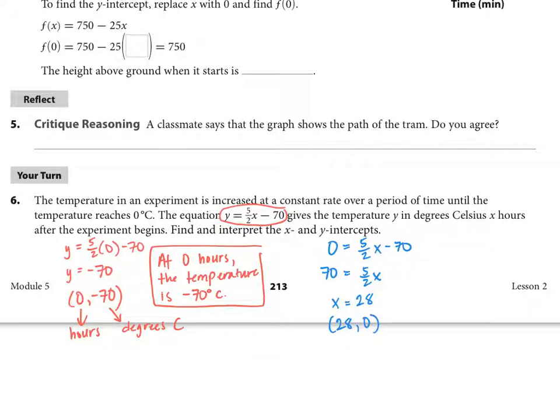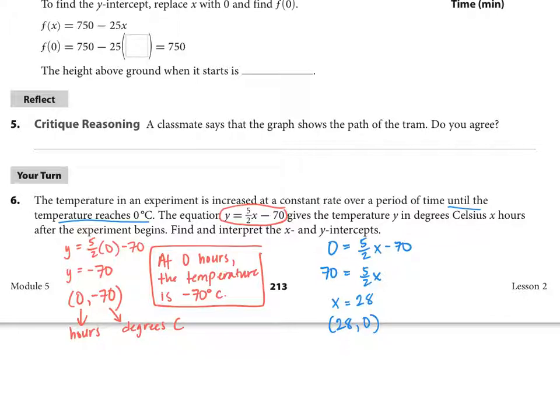Remember that 28 means hours, and the 0 is the degrees Celsius. And if you read the first sentence again, it says at the end, until the temperature reaches 0 degrees Celsius. So this experiment continues until it reaches 0 degrees Celsius for the output.